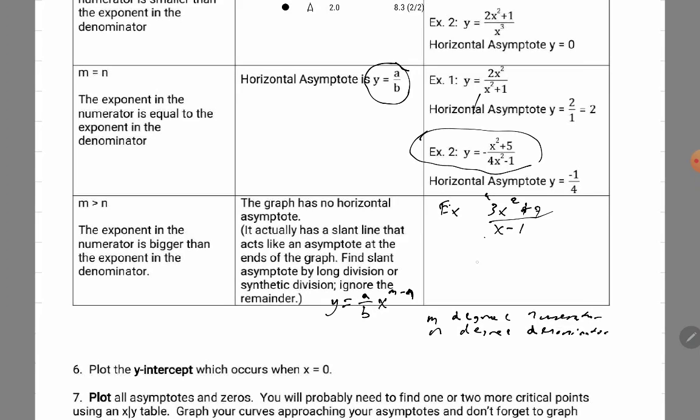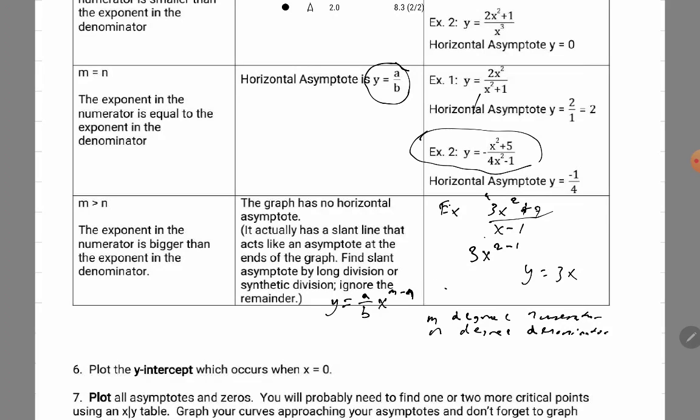If we put in our formula, a over b is 3 over 1, just the leading coefficients. So 3x to the m minus n, the degree of the top, 2, minus 1. So y equals 3x. That is our asymptote. Not horizontal, it's a slant asymptote.